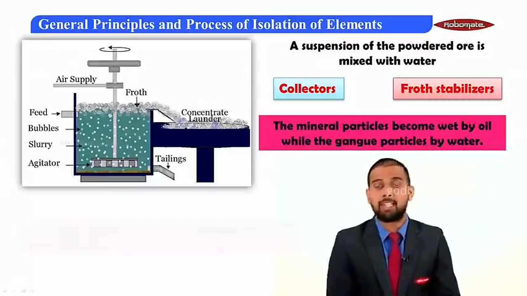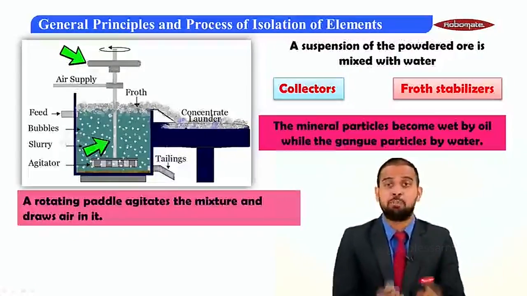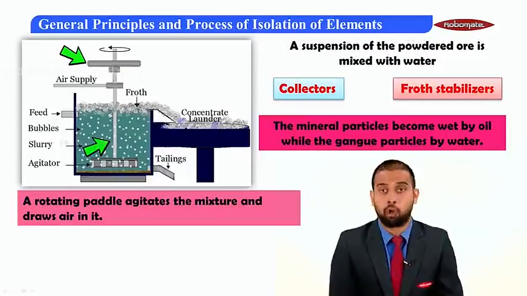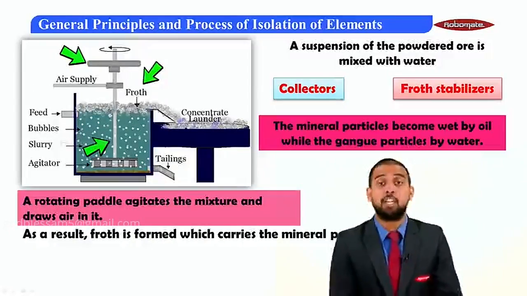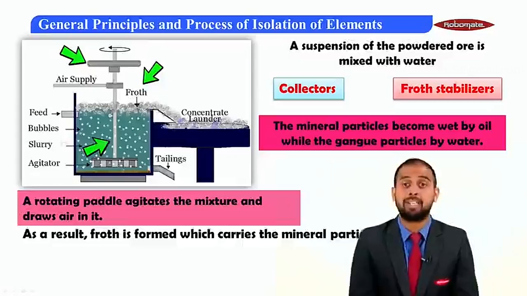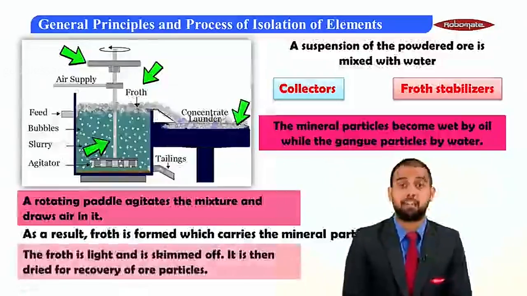The next thing that we need to do is use a rotating paddle and churn this mixture. When you churn the mixture, oil has a tendency to form froth. So a froth is formed, and the froth contains the mineral particles, that is the sulfide particles, whereas the gangue particles are left in water.